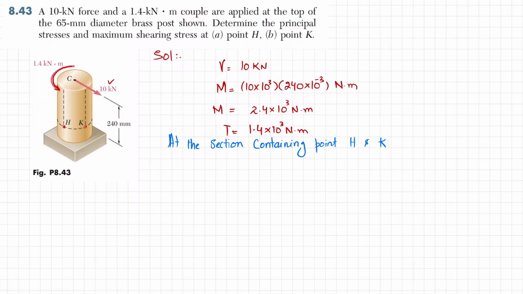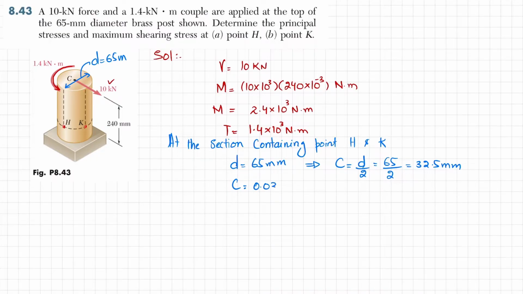This diameter is equal to 65 millimeter, and from here you will get the radius, which is equal to d over 2, that is 65 over 2, which is 32.5 millimeter, or you can say C in terms of meter will be equal to 0.0325 meter. So this is the radius of the brass post.